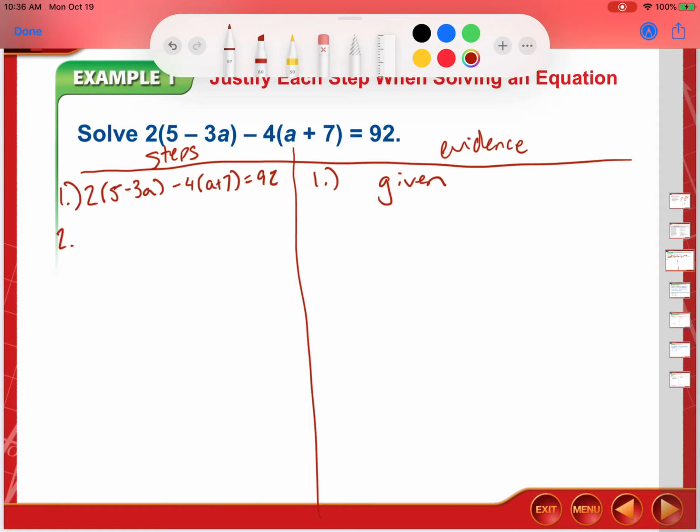Now this is where the flexibility starts. So my second step, it could vary a lot depending on your steps and your evidence, because there's a lot of different ways to solve math problems. So in a class of 15 people, we might have 15 correct answers that none of them are identical, and that's totally fine.